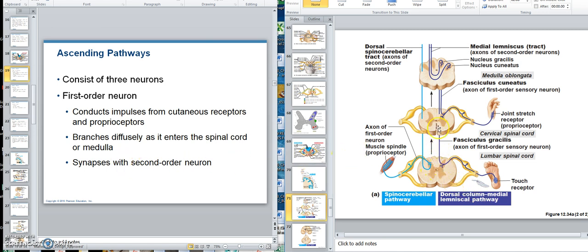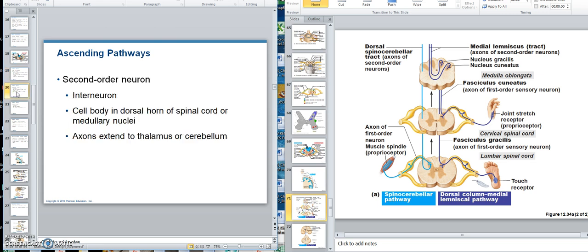So here I come up and I synapse with a second order neuron. And then I go up to the third order neuron. So the second order neuron is an interneuron, which is totally like this one here in the spinal cord itself. And then that goes up, let's say, to the thalamus. And then the thalamus will send it to the proper location in the brain.